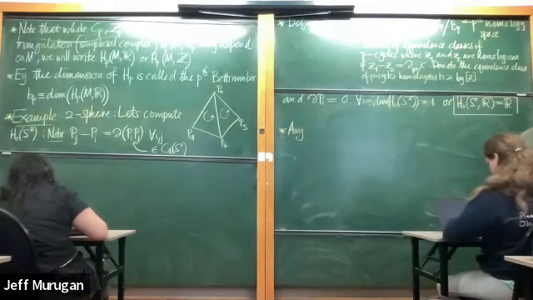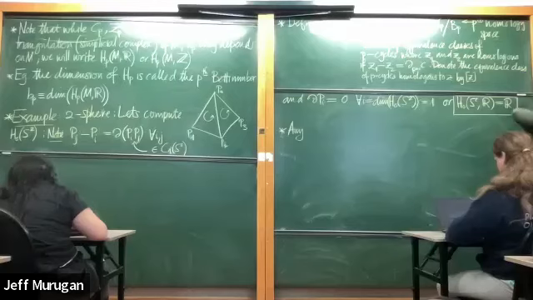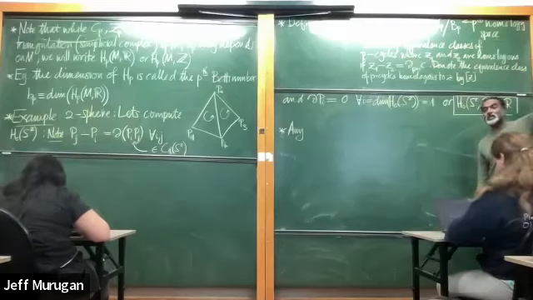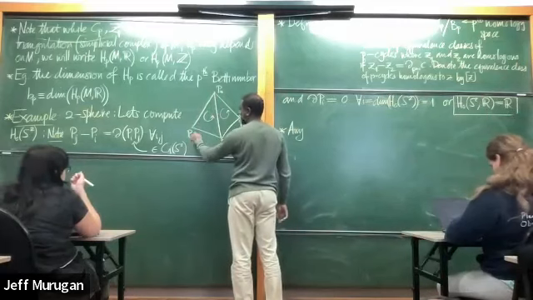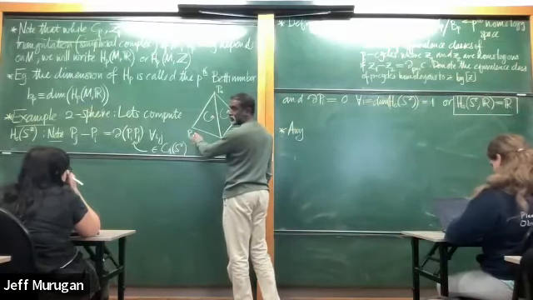Any one-chain on the tetrahedron that we drew there will only be a one-cycle if the vertex that we start on is the same as the vertex that we end on. So, for example, P1, P4, P2, P1 is a cycle.